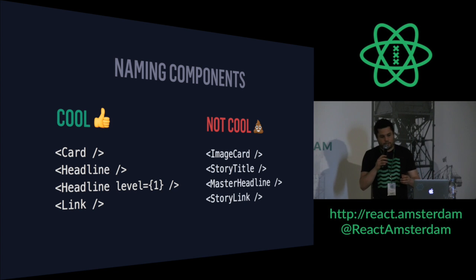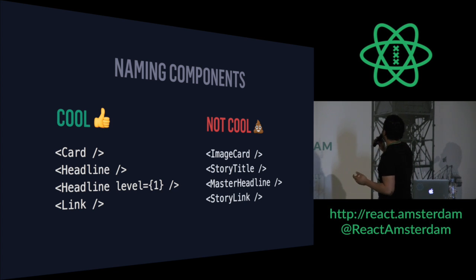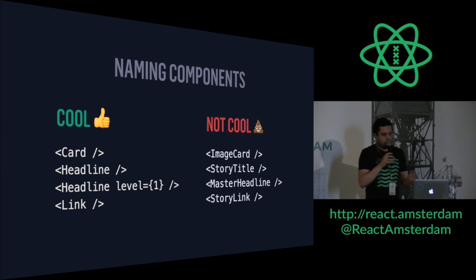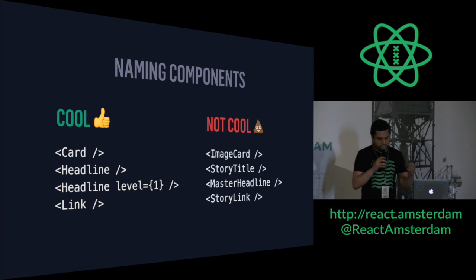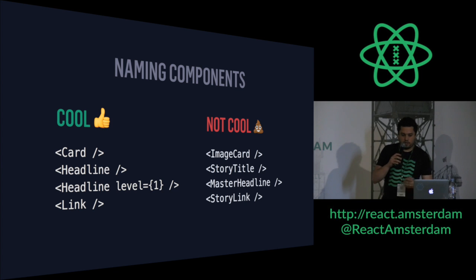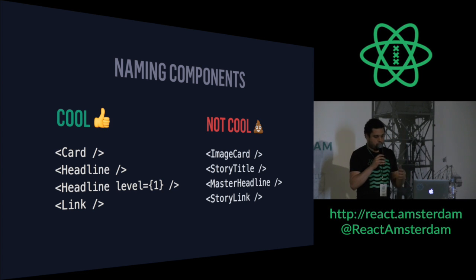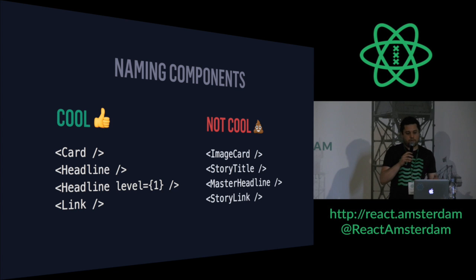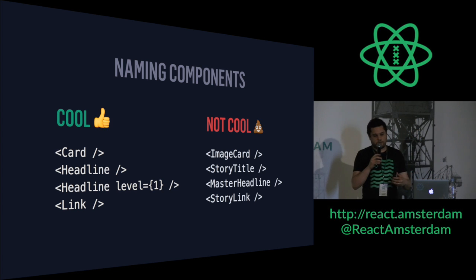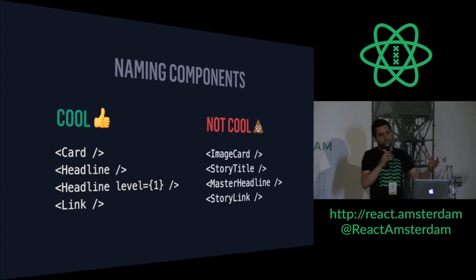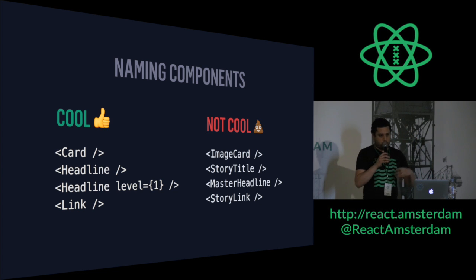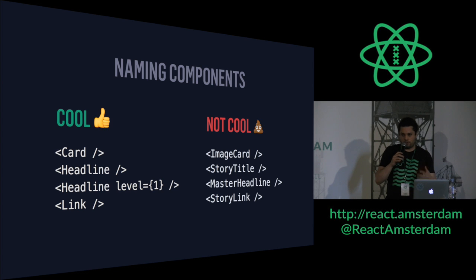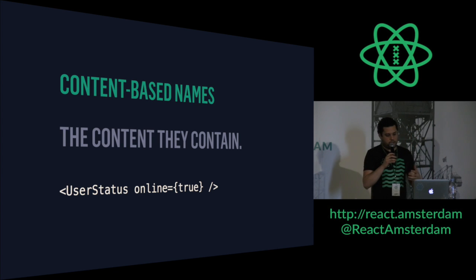Just a very stupid example, but don't give your components names that are too specific, right? You have image cards or story title. Here we need to learn how to abstract it. And that's okay if we start with a bad name. While you are building your product, you're going to discover where the abstractions are.